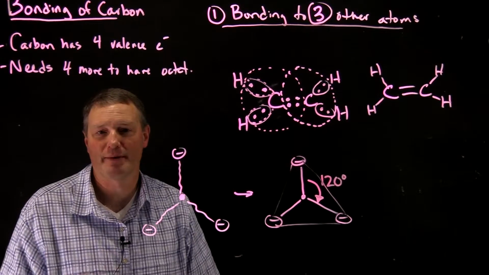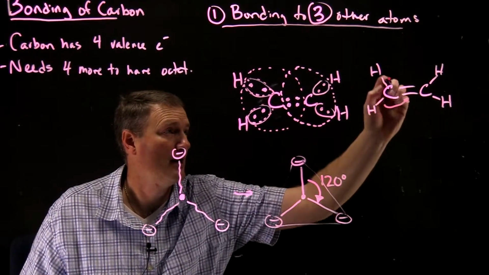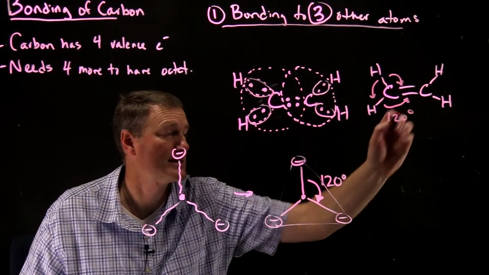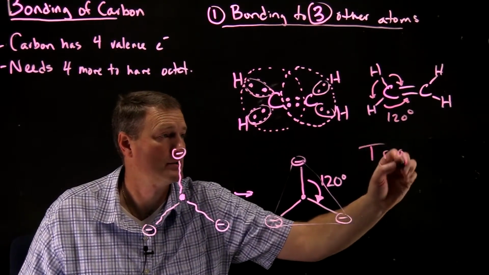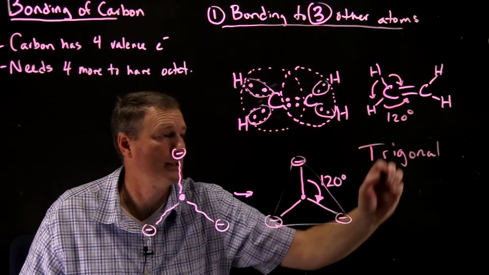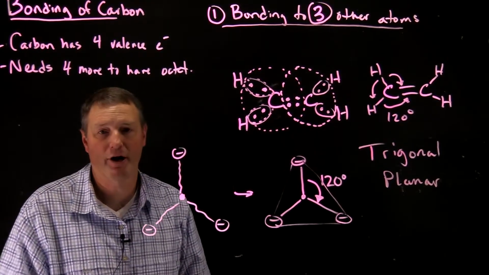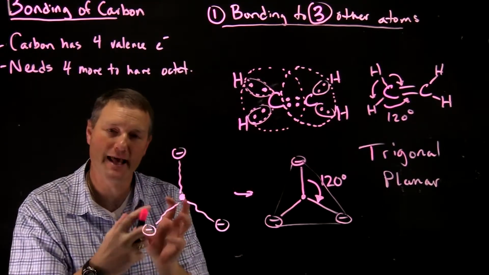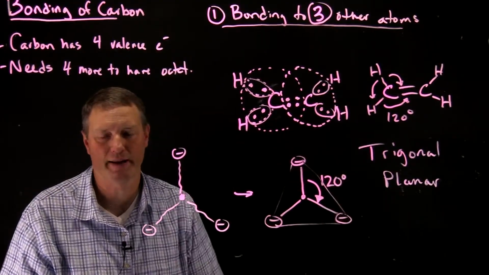So this type of shape is called a trigonal planar shape. So the bond angles here around all the angles of the carbon would be 120 degrees. And again, the shape of this is called trigonal planar. So all molecules that have carbon-carbon double bonds like these, at least that portion of the molecule will have this trigonal planar shape.